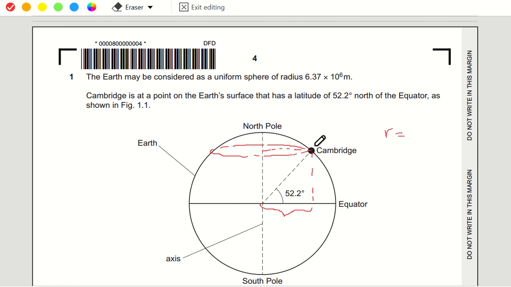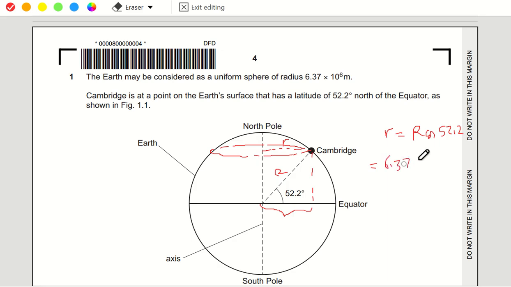Okay, so r, the radius of the circular path, equals capital R, which is the radius of the Earth, times cosine 52.2. Because as we know, the cosine is the neighbor divided by the hypotenuse. So the neighbor equals cosine times the hypotenuse.